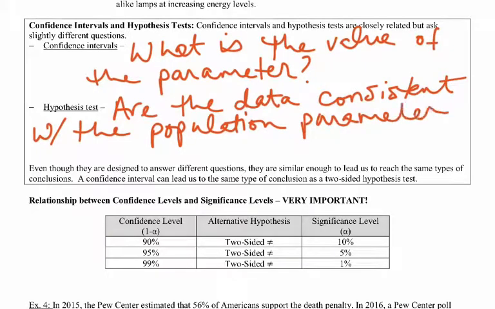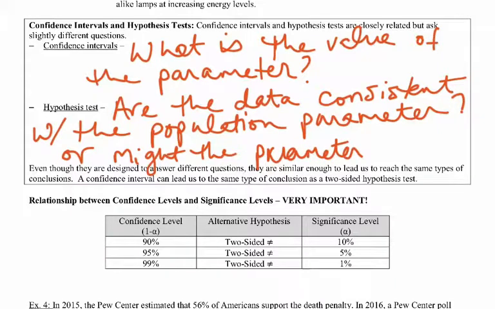Like, do we think the parameter is 40%? Or might the parameter be different, or be something else? So it's more of a yes or no question.